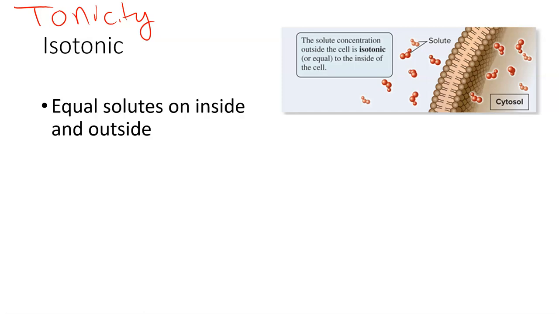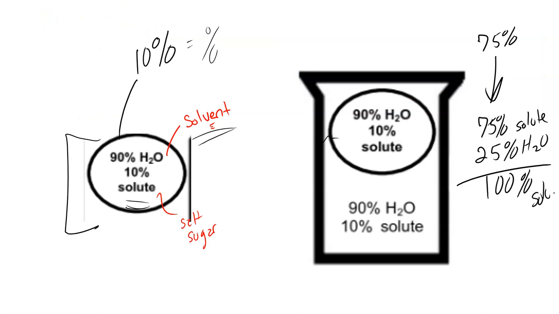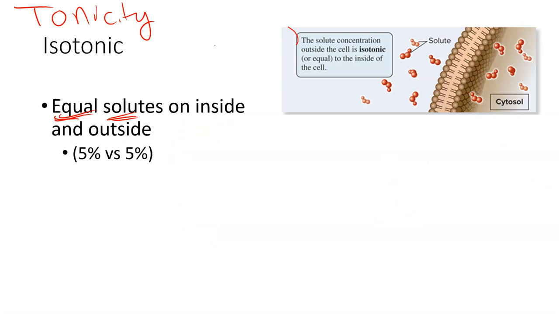Anything that's isotonic means we're going to have equal solutes on the inside of the cell and on the outside. So this is 5% versus 5%. An example would be what we just looked at, a cell with a 10% mixture in a 10% solution. That's going to be an isotonic example.